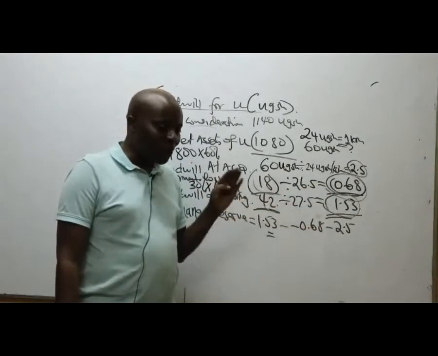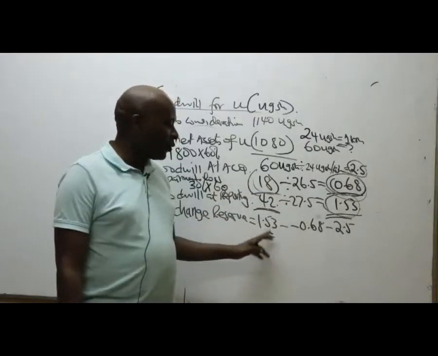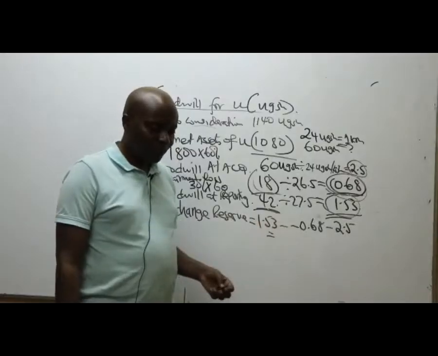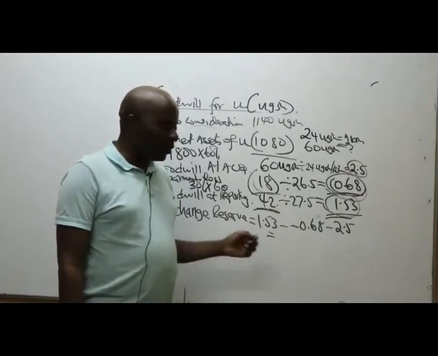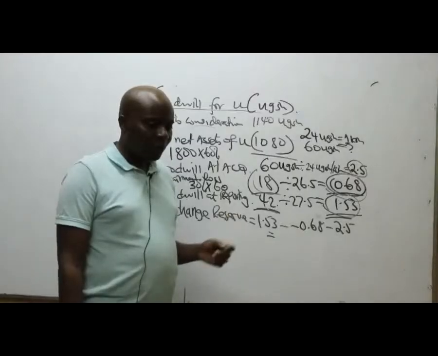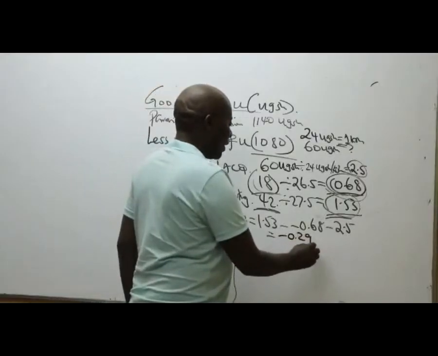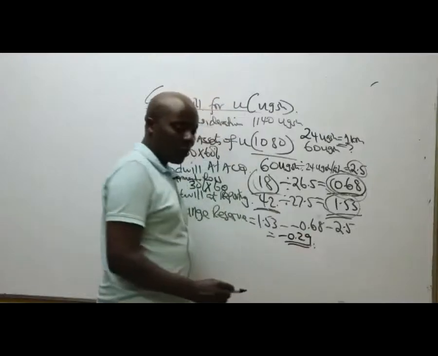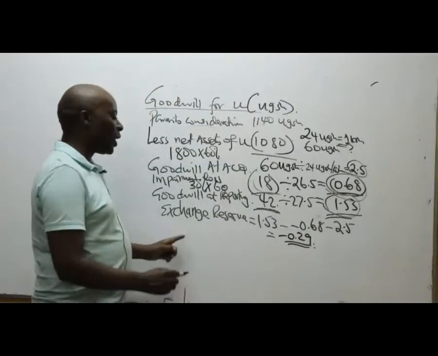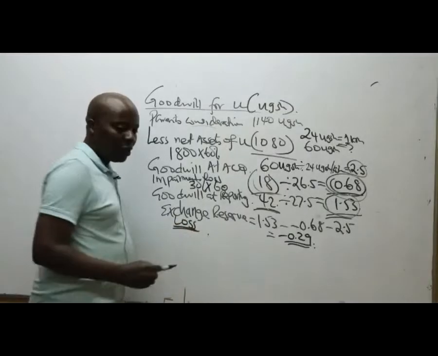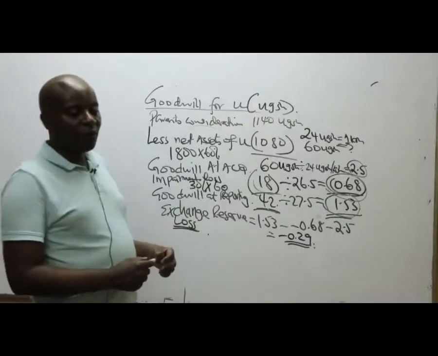Please use your negatives. Use your calculator very well. 1.53, right? Minus 0.68, right? Whatever we get, we say minus 2.5. I'm being given a figure of negative 0.29. So it's an exchange reserve loss.